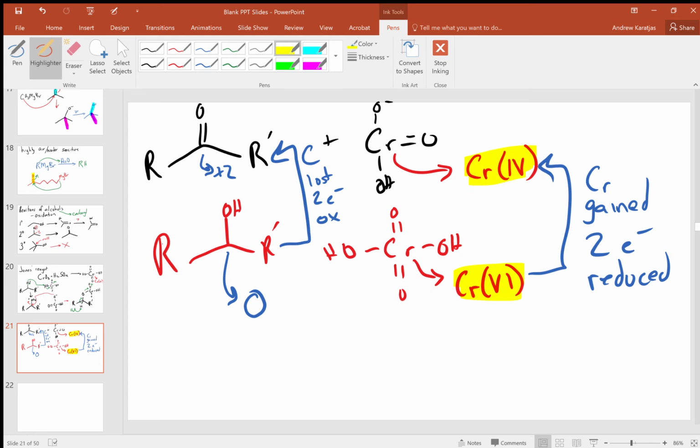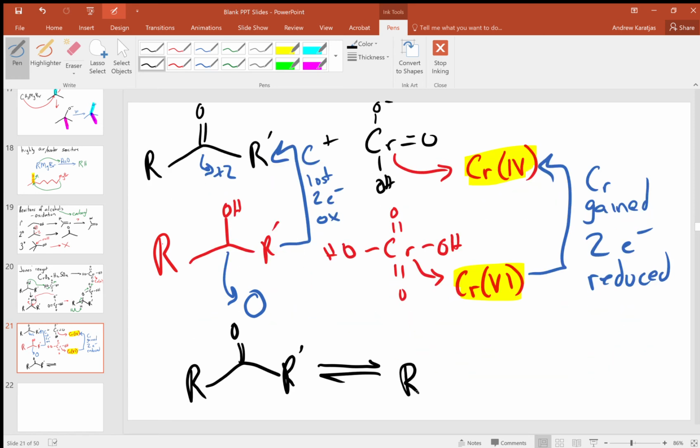Now, this reaction isn't necessarily done, though. Under strongly acidic conditions, and if you noticed on the previous slide, we've got sulfuric acid here, so these conditions would certainly qualify, the carbonyl is in equilibrium with a species known as a hydrate.